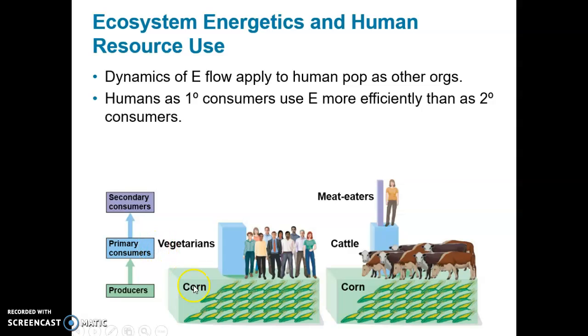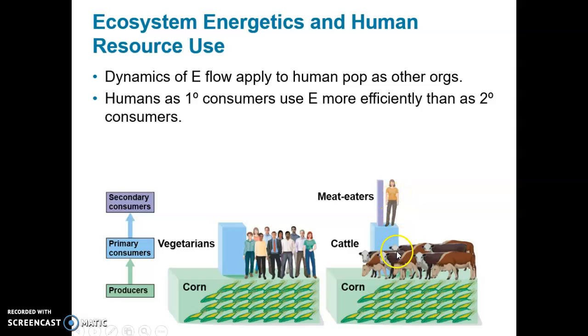If they're primary consumers, they have an ample amount of producers. In this example, corn, it's highly simplified, but plants they can consume. Okay. If humans act more like secondary consumers, meat eaters, carnivores, they have to eat primary consumers, herbivores, but that means that there's less material for them to utilize.